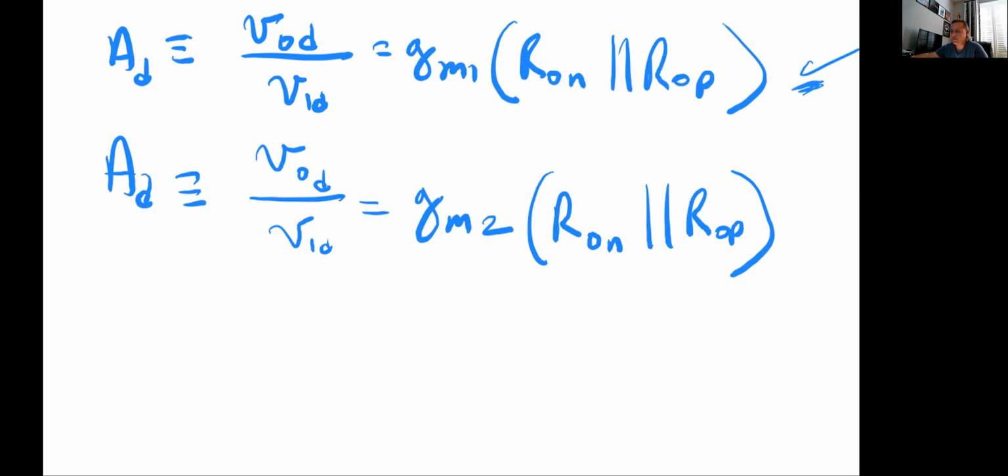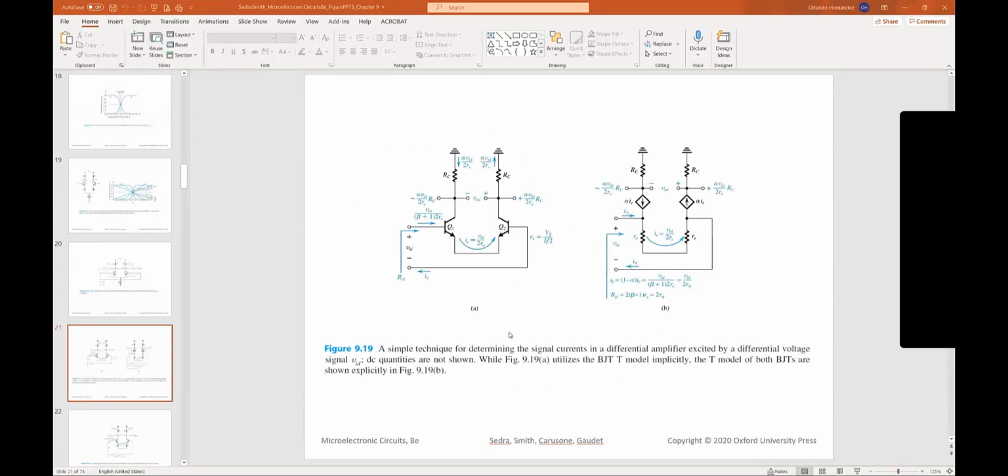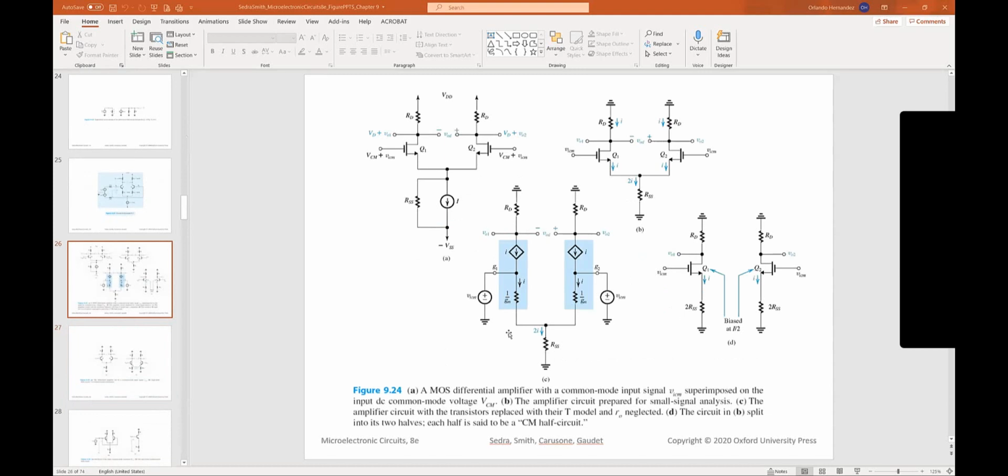So just to explore that a little bit more, let's look at figure 9.24. Look at a small signal analysis of, for simplicity, you could do the analysis on the cascode, but the analysis would be more cumbersome because you have more elements there.